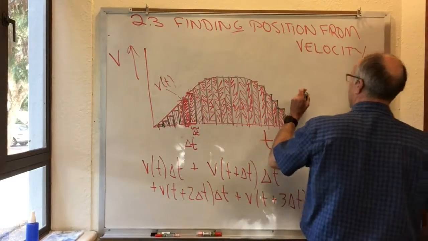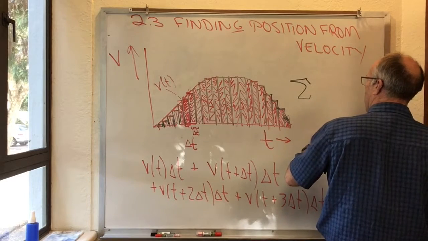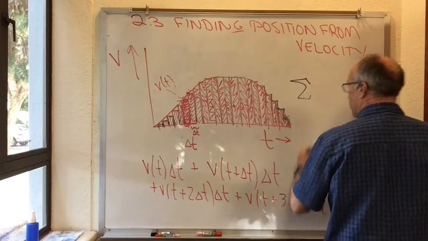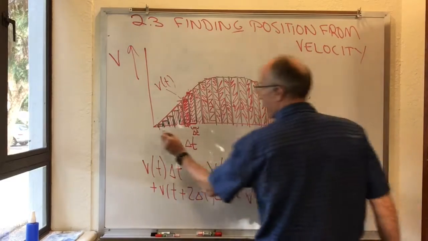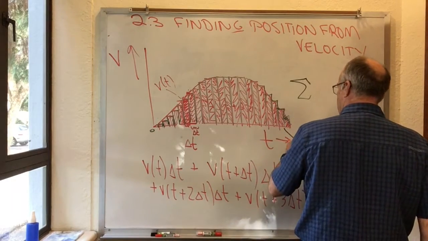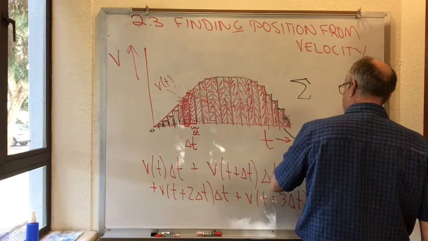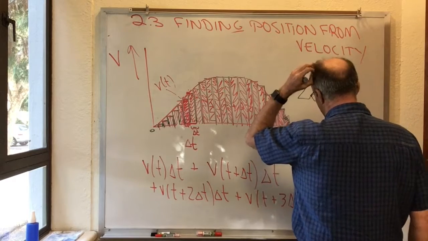What it is, it's the sum over all these terms. That is, it's a sum from the 0th place, say, to the n minus 1st place. So we've broken this thing up into n chunks.